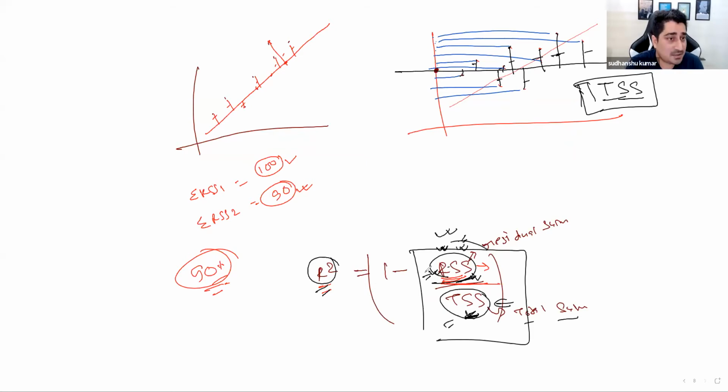R square is called R square statistics in its original term. And R square is basically a statistic which tells you how accurate your model is. The concept is very simple, based on residuals. It is going to tell you that your model is accurate by 90% or 95% or 80%.